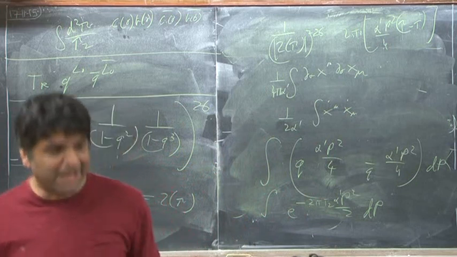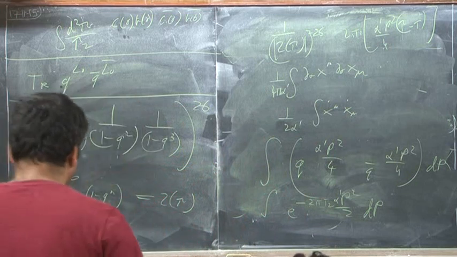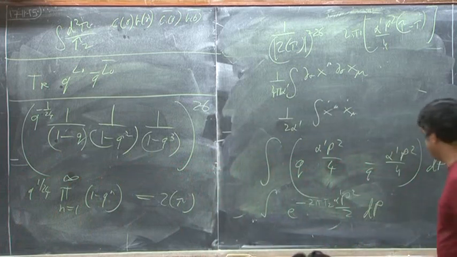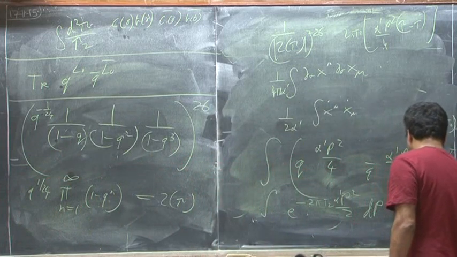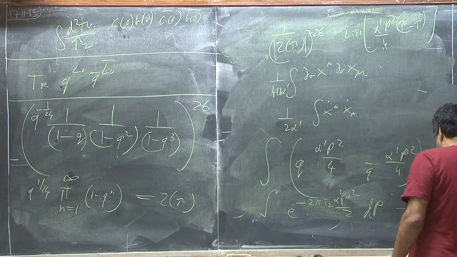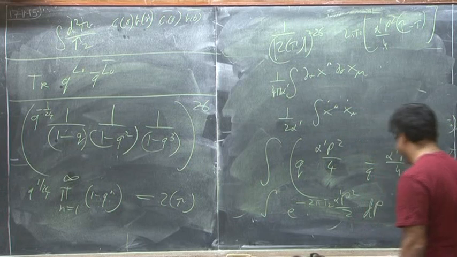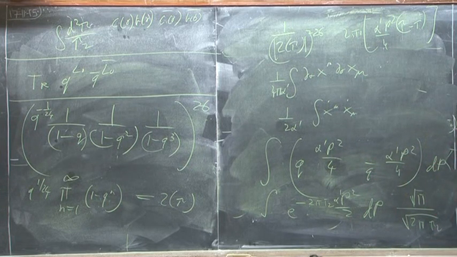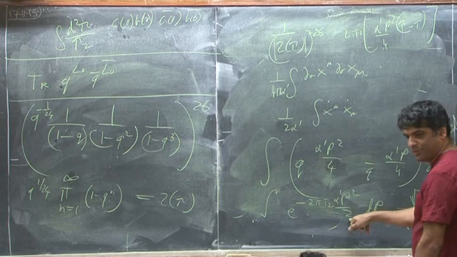So that's just a Gaussian integral. And so the Gaussian integral gives you 1 over square root 2 pi tau 2, and then some factor of square root pi alpha prime, square root 2 pi.